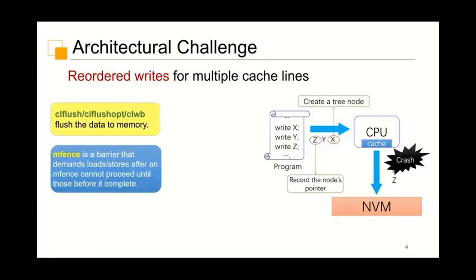Luckily, we have instructions to maintain a writing order, which are cache line flush and memory fence. Cache line flush will flush the data to memory, and memory fence is a barrier that demands that memory operations after an M fence cannot proceed until memory operations before it complete.